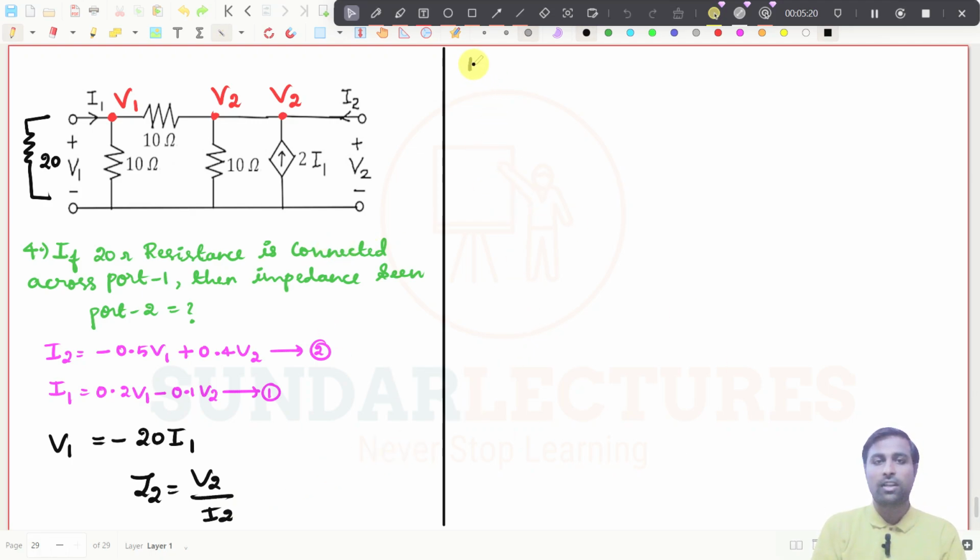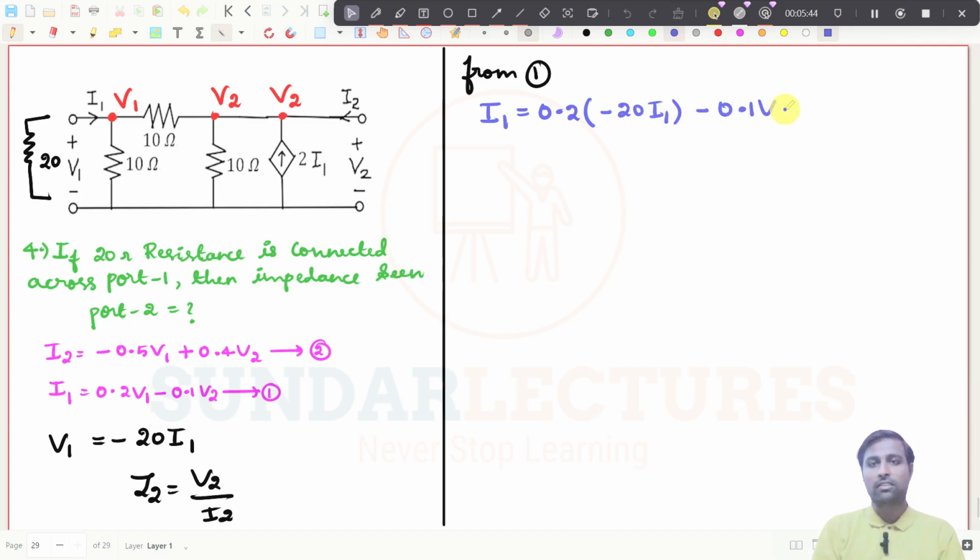From equation number 1, what we will get? I1 will be equal to, so this is V1, right? So 0.2 into V1, and V1 value is minus 20 into I1, minus 20 into I1, minus 0.1 V2. Right?